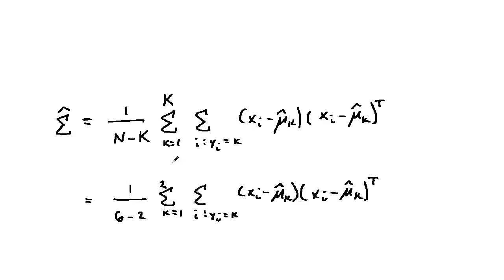And sigma hat is given by 1 over n minus k times the sum over k and the sum over i with yi equals k. Plugging in the values for n and k, I get 6 and 2, with the sum as k ranges from 1 to 2.